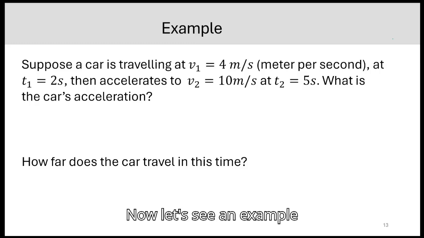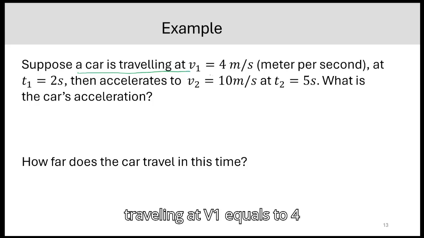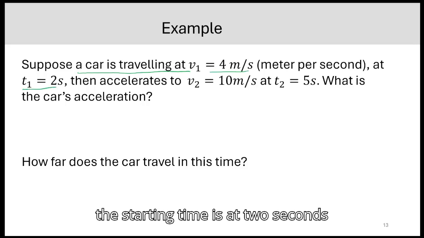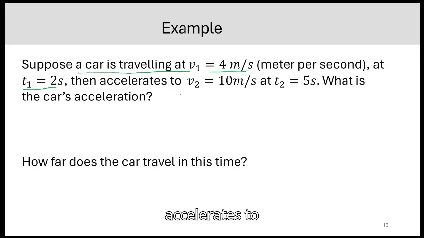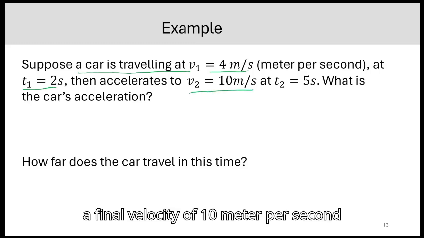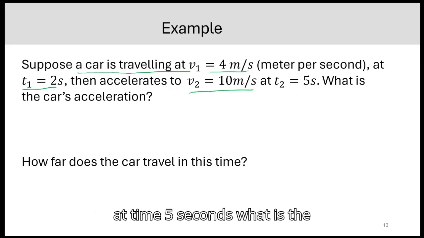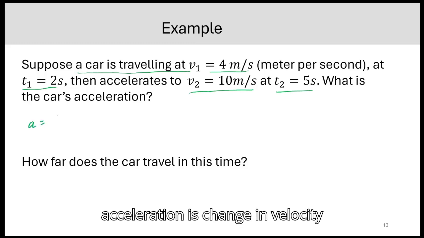Now let's see an example. Suppose a car is traveling at v1 equals 4 meters per second, and the starting time is 2 seconds. The car then accelerates to a final velocity of 10 meters per second at time 5 seconds. What is the car's acceleration? Acceleration is change in velocity over time.